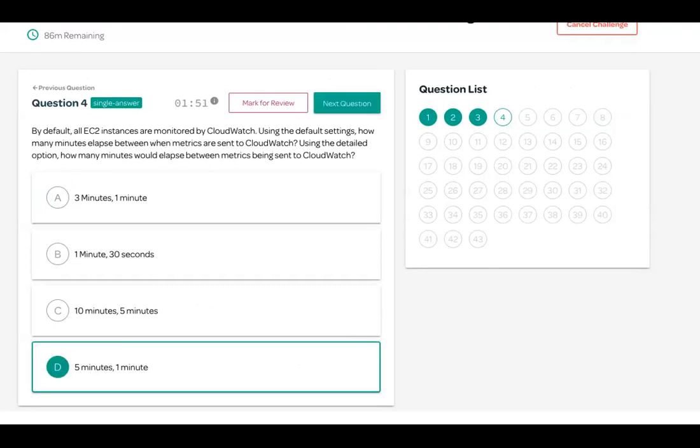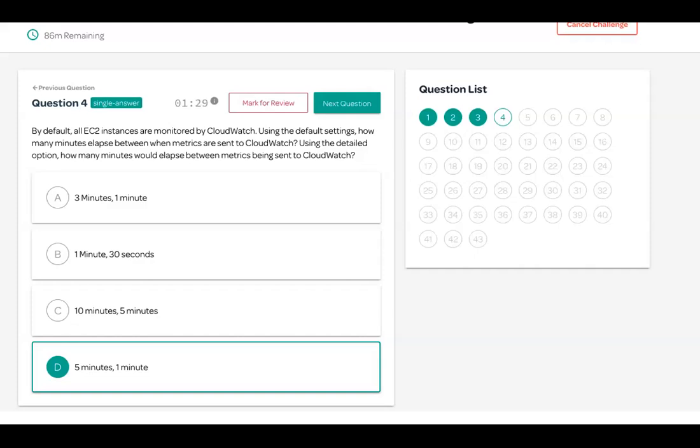For example, this. By default, all the EC2 instances are monitored by CloudWatch. Using the default setting, how many minutes elapse when metrics are sent to CloudWatch? Using the detailed option, how many minutes would elapse between metrics being sent to CloudWatch? Let me explain.